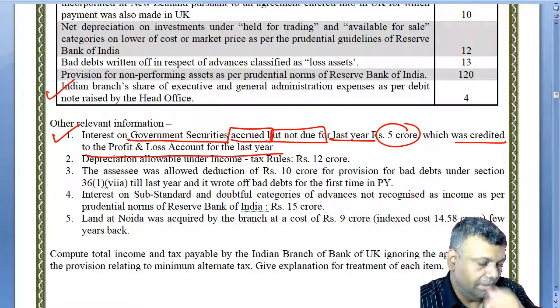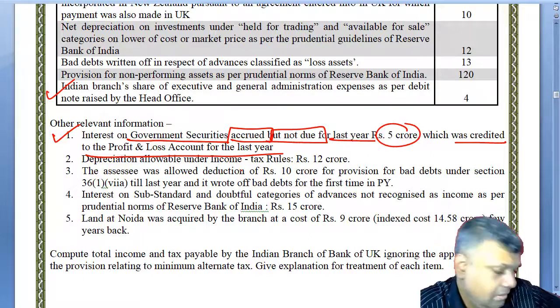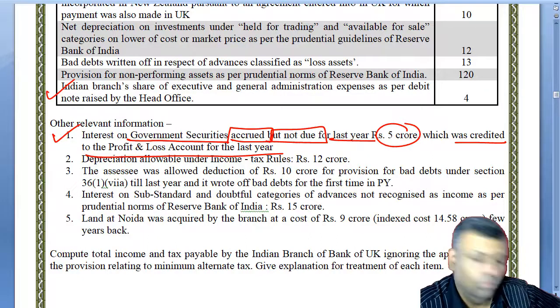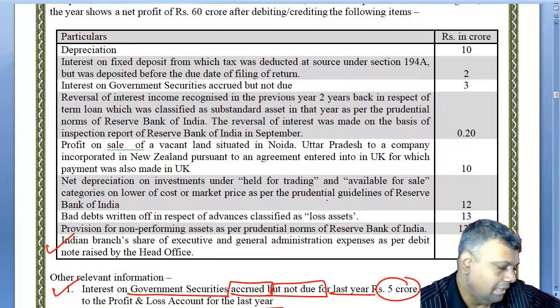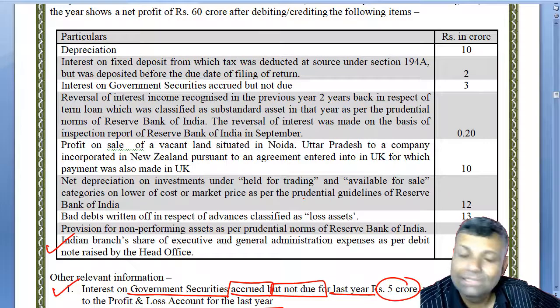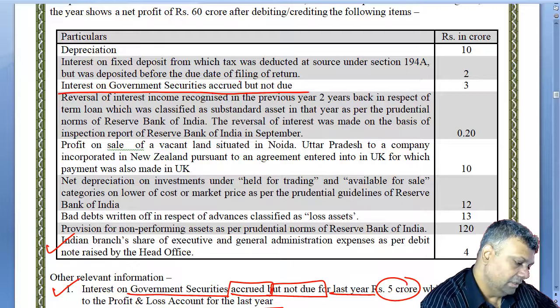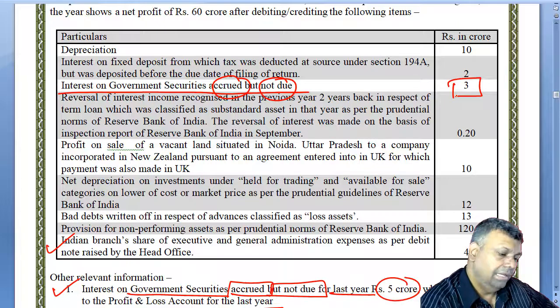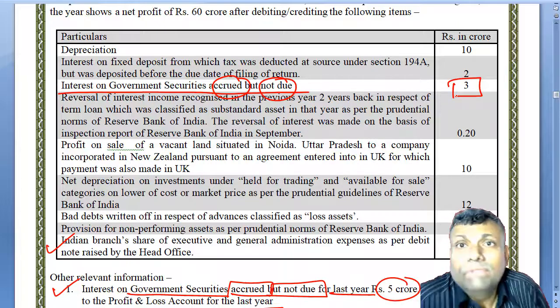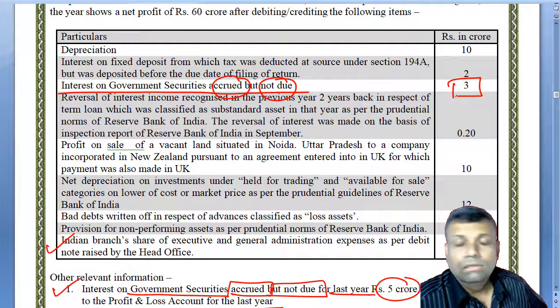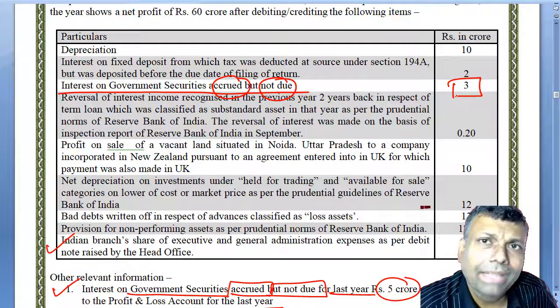What can you read from this, or what is it trying to tell you? I'll tell you with this particular example. This is just an extension of, look at this: interest on government securities accrued but not due. Amount is 3 crores, because all the figures are in crores. Just refer to the page.